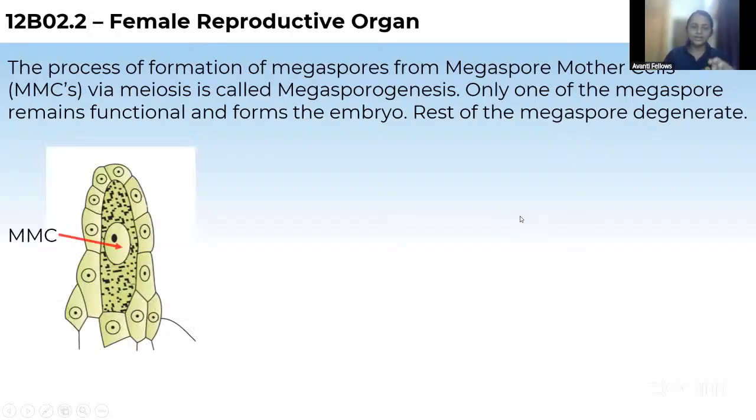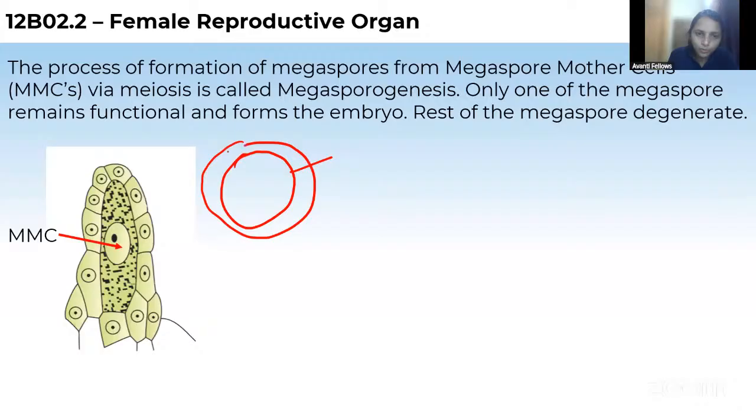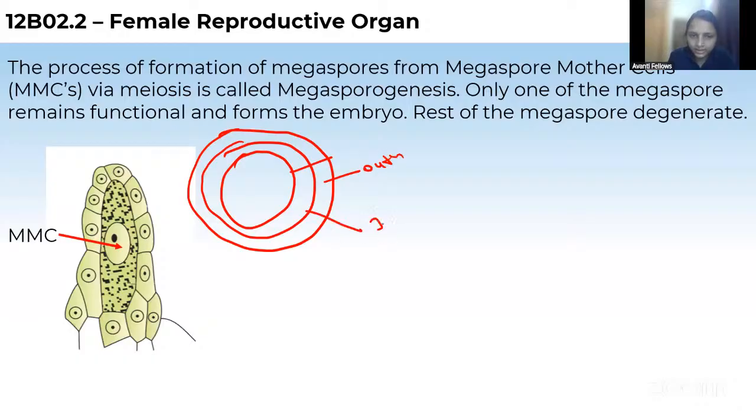Let us study about that, guys. See here. Now, when you see this diagram, you have to see the embryo sac. We studied this as the inside. These are the tissues, and these all are the integuments. This is the outer integument and this is the inner integument. Here it is not covered. After that, there is the nucellus.